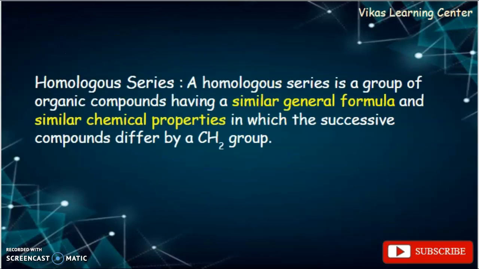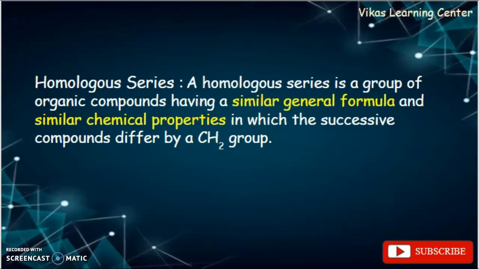So we can define the homologous series as the group of organic compounds having a similar general formula and similar chemical properties in which the successive compounds differ by a CH2 group, which is quite important to know and understand.